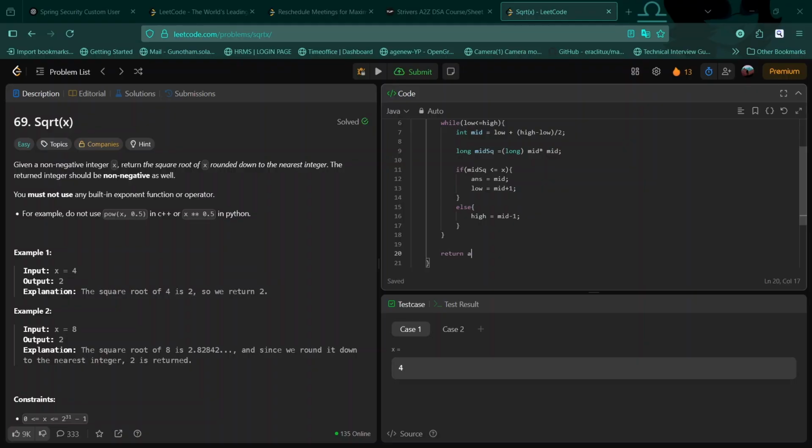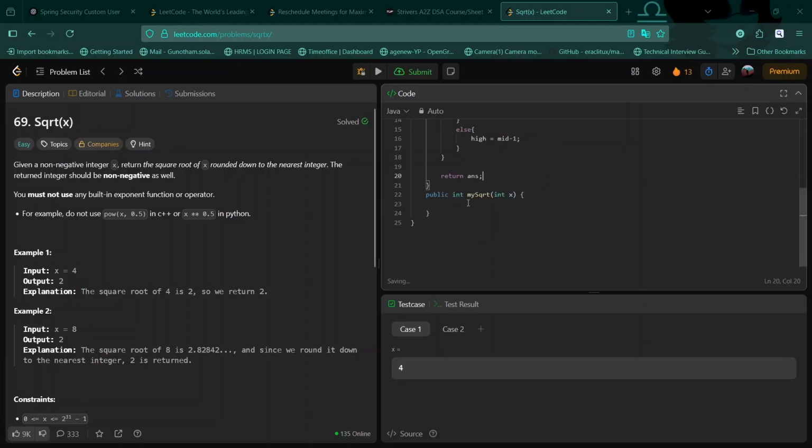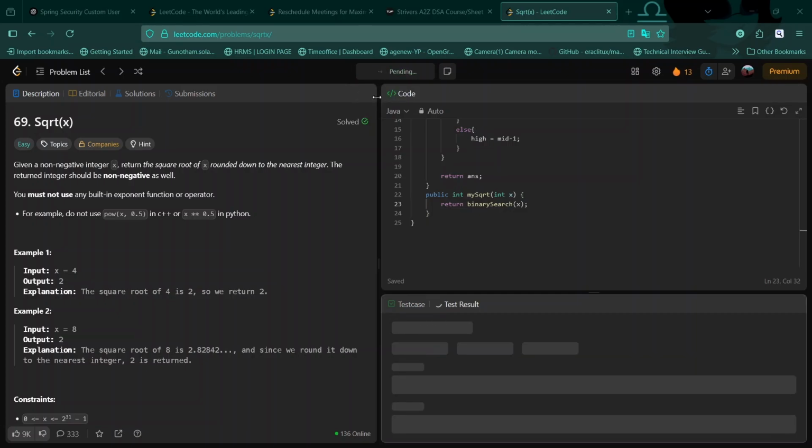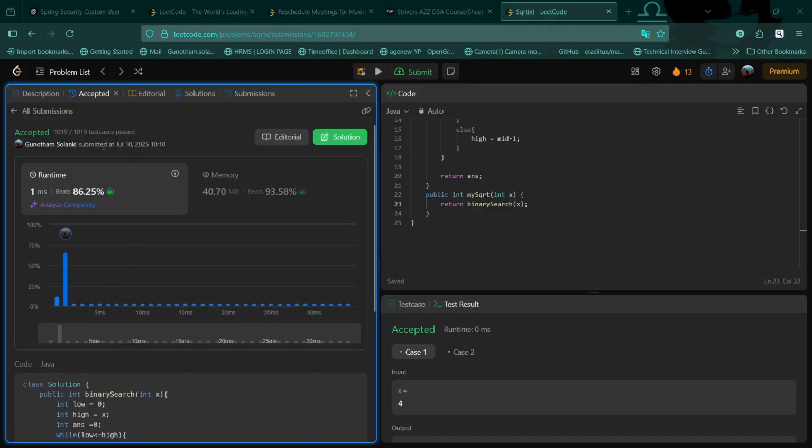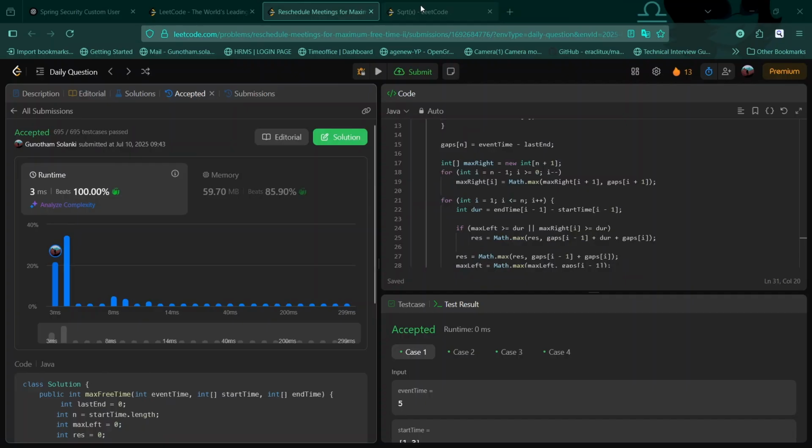I will return my answer, and I will just return binary search of x. Yeah, it works now. The problem is done now.